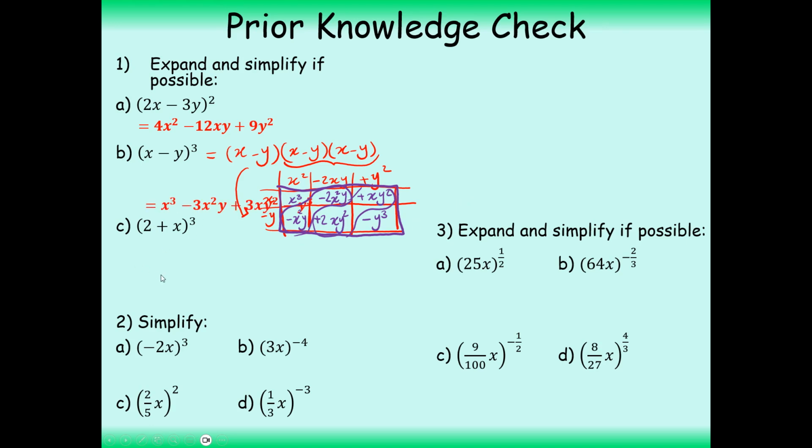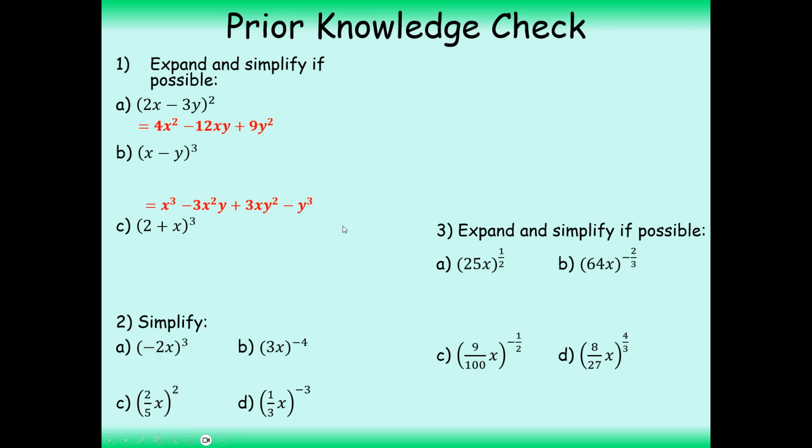I'm going to rub off my working out and show you this will be the answer here. All right, and finally you would perform the same methodology for part c. I would expand two brackets first and then the third bracket. So the third bracket you multiply out, and for part two, well, you would get this expression here.